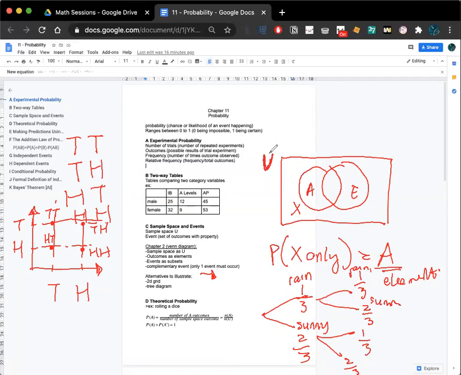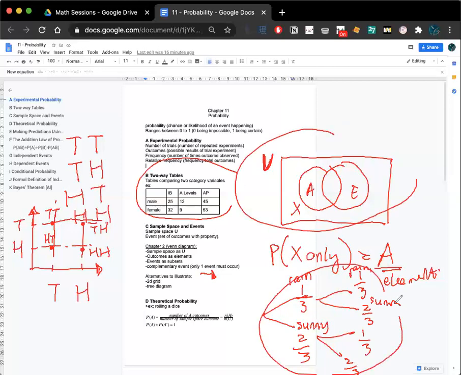I think between all these ways to illustrate probability, it really depends on how the question works or what the question is. Typically, if you have questions that rely on dependent events, I would personally prefer to use this.